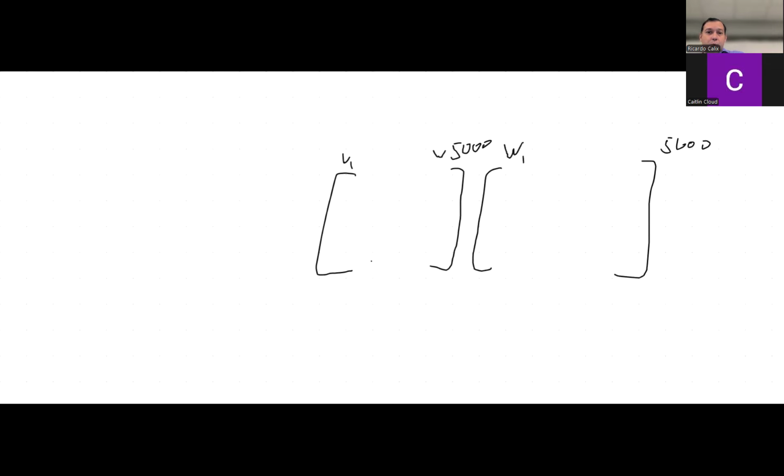Just keep in mind, this is word 1 in English and word 1 in Chinese to word 5,000 in Chinese. Do you guys see that? So a sample is those pairs. You train that correlation, right? And then hopefully the next time you give it a vector of the 5,000 English words, it's gonna try to produce a vector of the 5,000 Chinese words, and boom, you have a translator. Do you see that, guys?